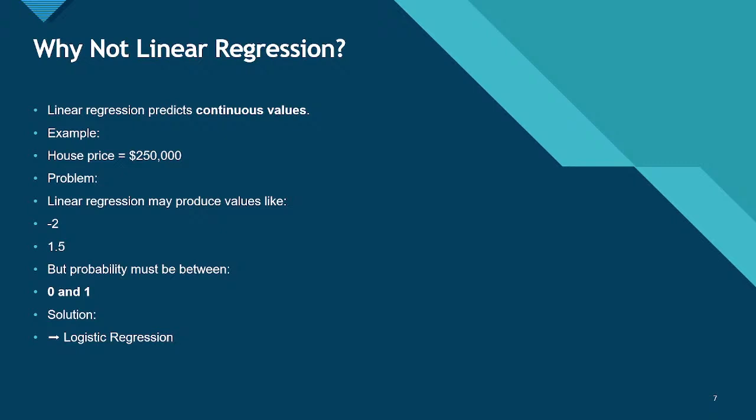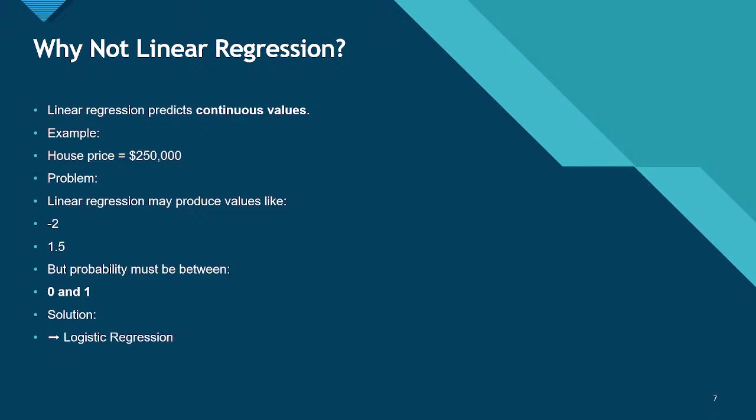To solve this issue, we use logistic regression. Logistic regression uses a special function called the sigmoid function, which transforms the value to lie between 0 and 1. So no matter what the input is, the output will always stay within the valid probability range.